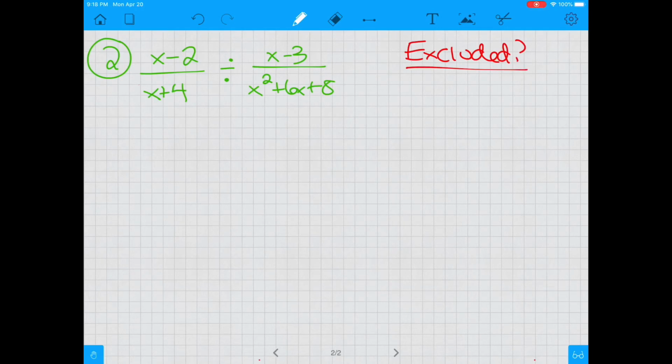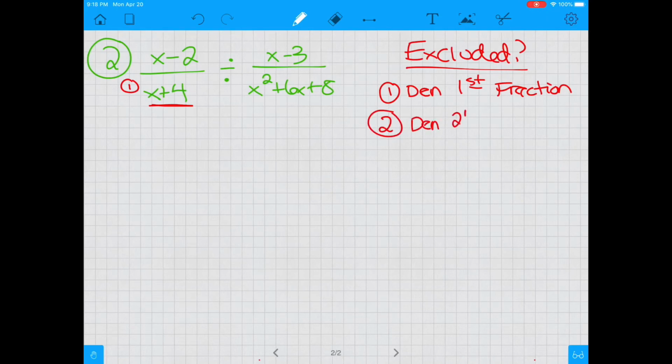The very first place is the denominator of the first fraction, I'm going to look right here. That's my number 1. The second place I'm going to look is the denominator of the second fraction, right here.